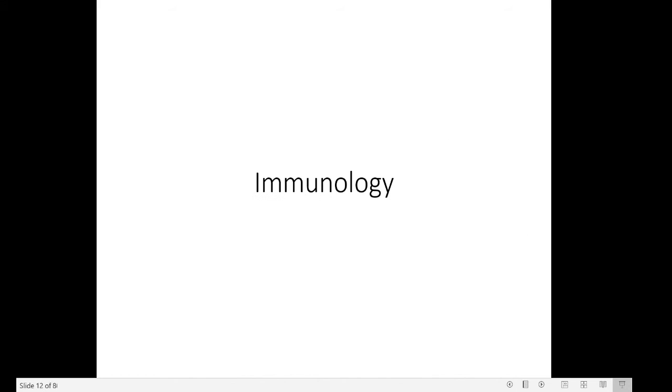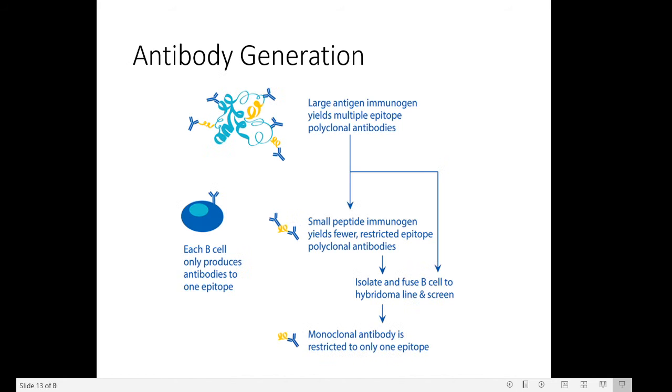Okay, next, our topic today is immunology techniques. In this, we want to understand the antigen and antibody. We previously discussed this in the immunology part, so this is just a refreshment. An antigen is a foreign particle.